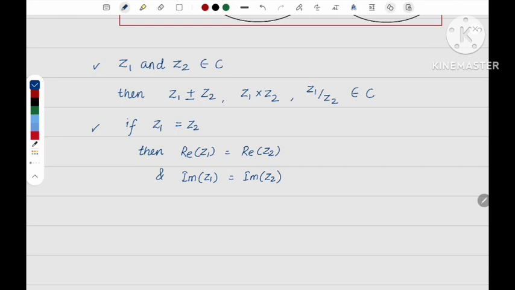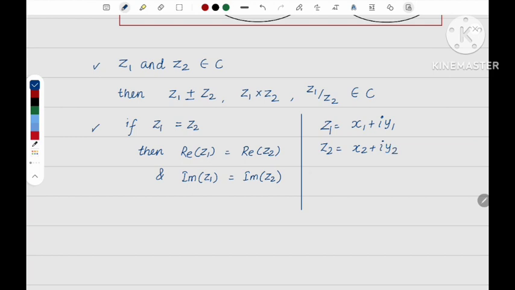So let us say z1 is equal to x1 plus i y1, z2 is equal to x2 plus i y2.